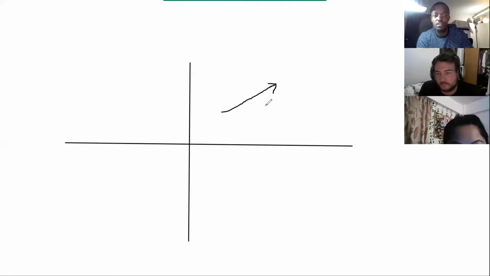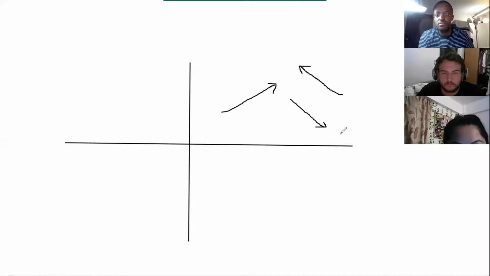If it looks like this, it's pointing towards the fourth quadrant. Then you can get its direction using the arctangent function, or inverse tangent, that formula that I was talking about on page 3.